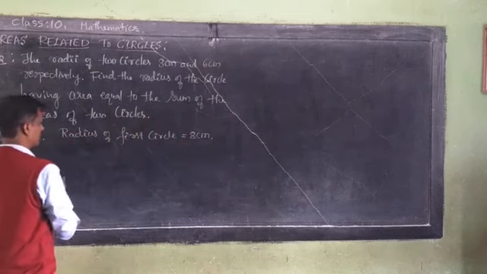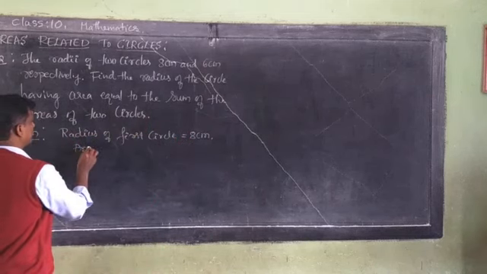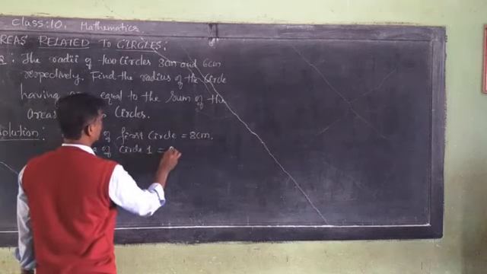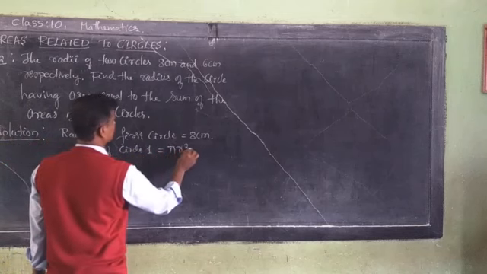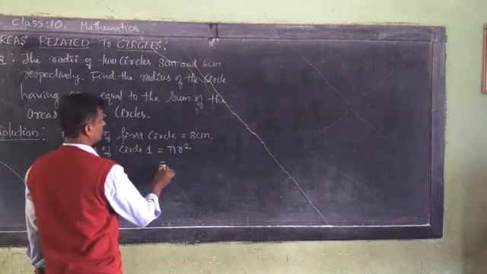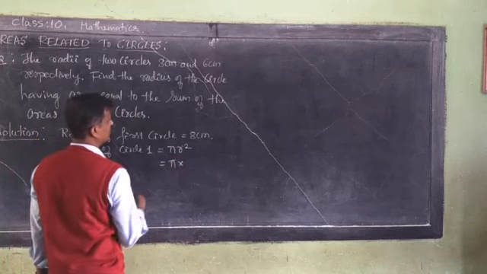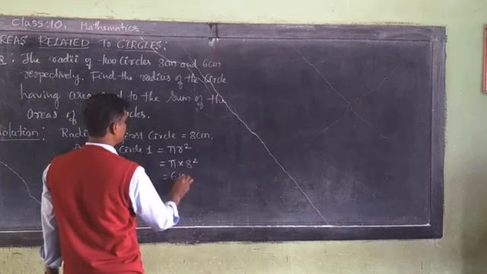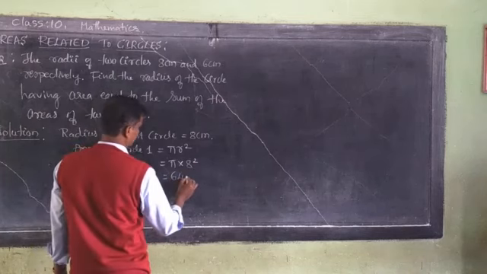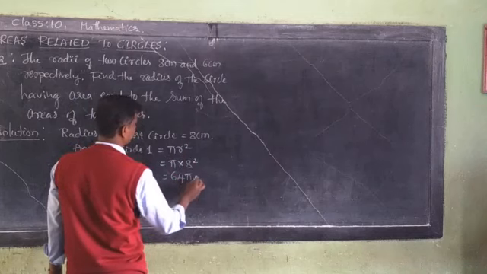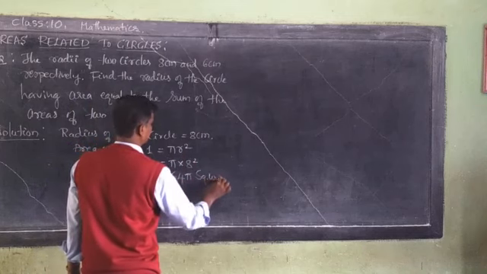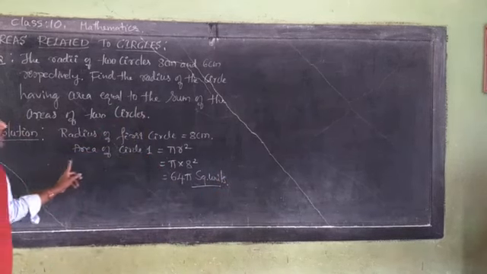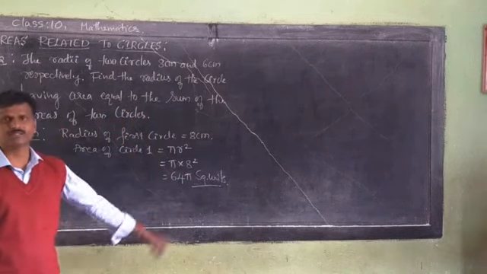Therefore area of circle 1 is equal to pi r square, that is pi into 8 square, that is equal to 64. 8 square means 64 pi square centimeters. Here the area of the first circle is 64 pi.